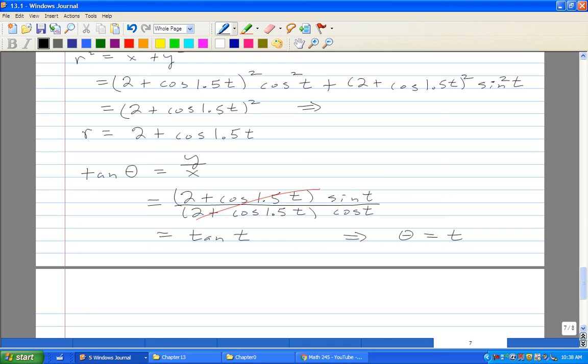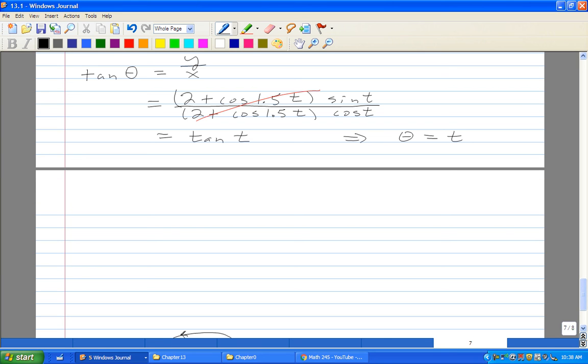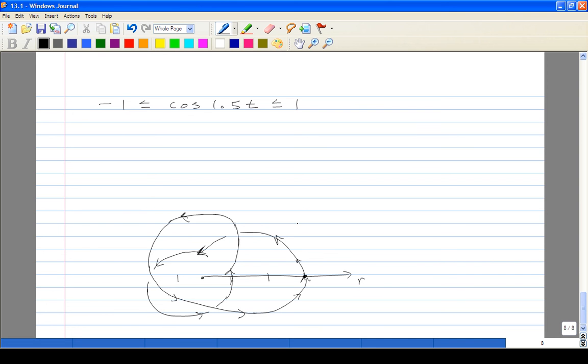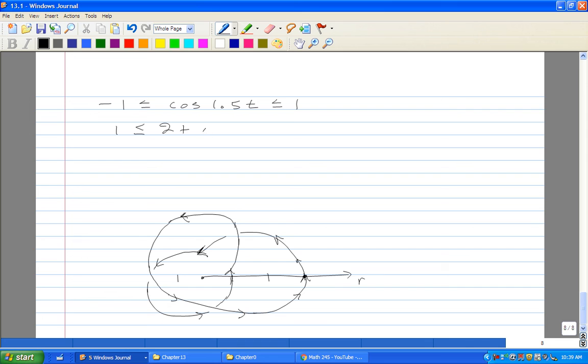So I have that cosine of 1.5t is between plus and minus 1. Therefore, if I add 2 to every side of my equation, I have that 2 plus cosine 1.5t is between 1 and 3.